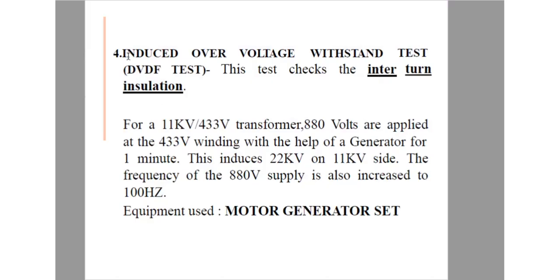The fourth test is induced overvoltage withstand test. It is also called as DVDF test. Now the purpose of this test is to check the inter-turn insulation. Let's say for 11 kilovolt 433 volt transformer, 880 volts are applied at the 433 volt winding with the help of generator for 1 minute.